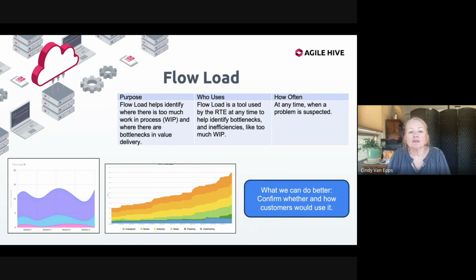But this is also a chart that looks at how many items do we have in each state of the workflow at a given point in time. So this is a healthy looking cumulative flow diagram.